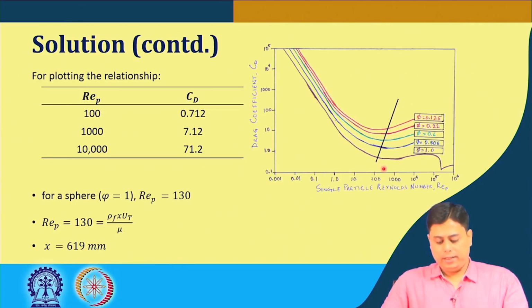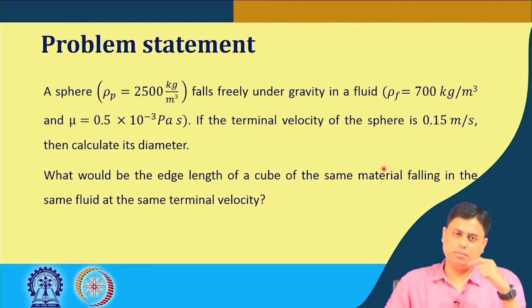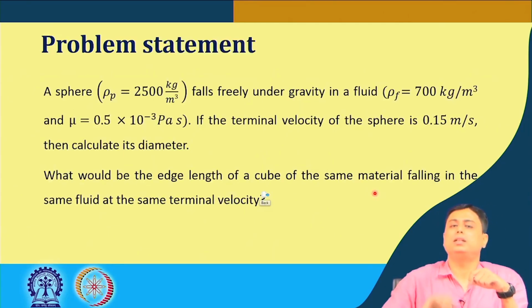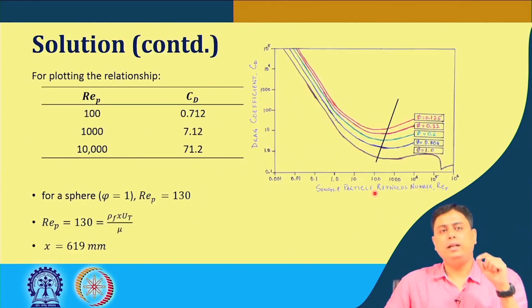So, the point is that irrespective of the dimension or the diameter, equivalent diameter, let us say, here since it is a cube, irrespective of the size of the object, if the material is the same, the fluid is the same, and it is settling at the same terminal velocity, this CD versus REP relation remains identical. But this line intersects at different points of REP for different sphericity values.